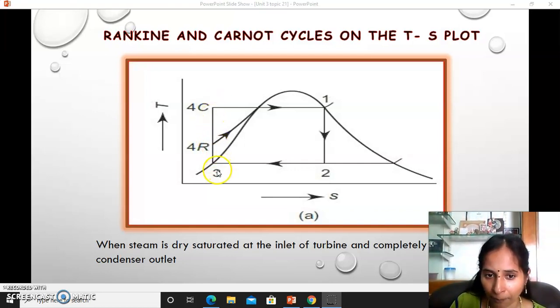Here we are pumping the water from 3 to 4C, and the very goodness in the Carnot cycle assumption is that all the water is converted to steam at latent heat by observing the latent heat of vaporization. That is, the average heat supply by the Carnot cycle is at a higher temperature than in the Rankine cycle. This is most important.